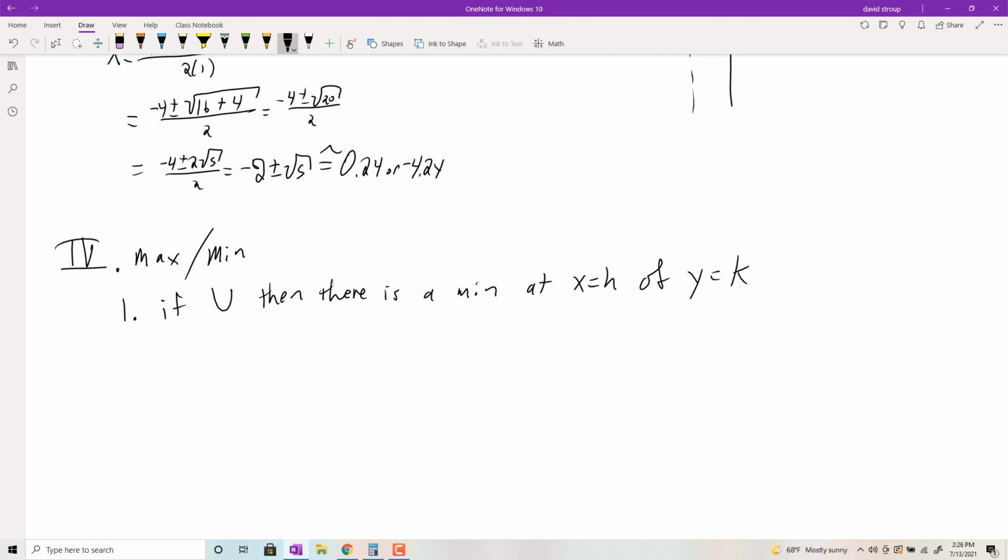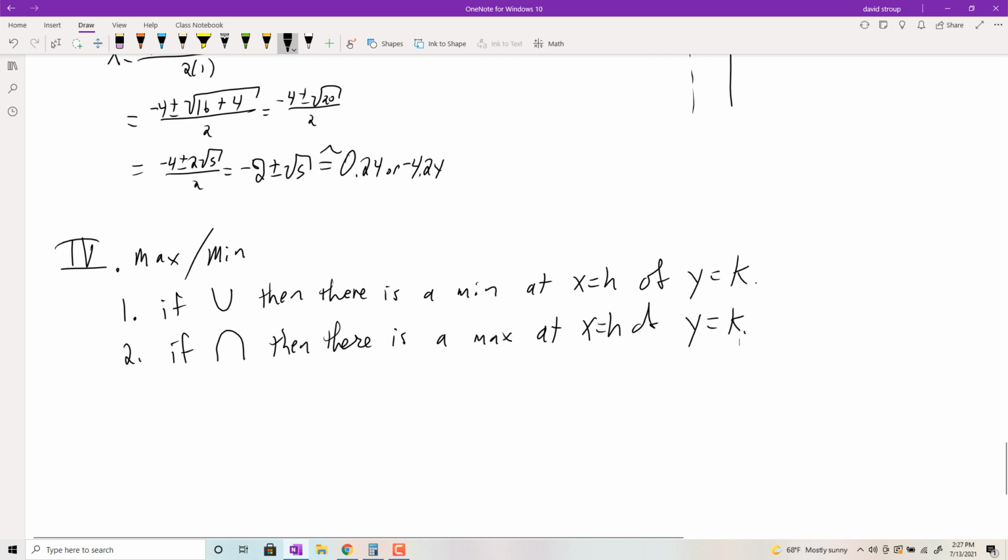So the actual min value is the y value, not the x value. If you have a sad face, then guess what? You have a maximum. Then there is a max at the x coordinate of whatever the y coordinate equals.